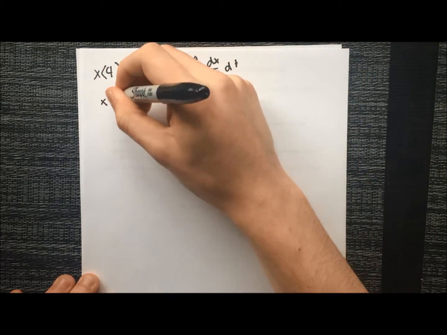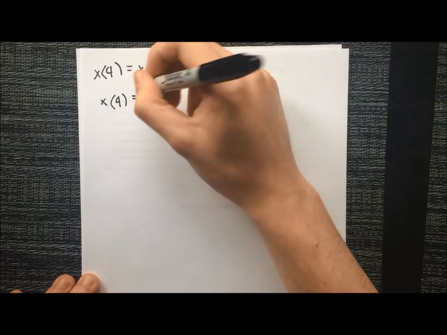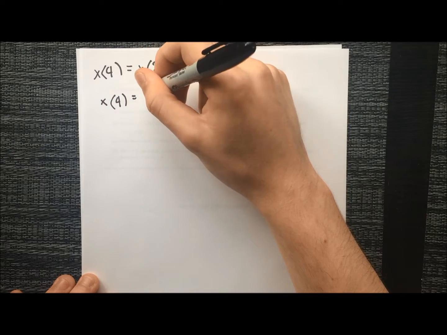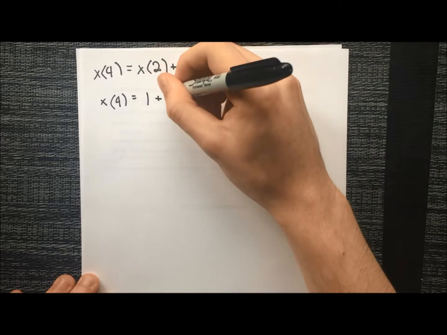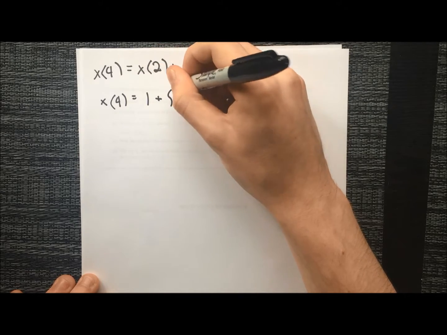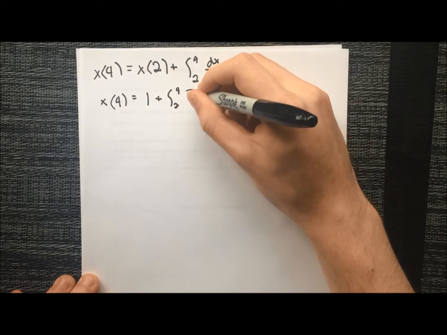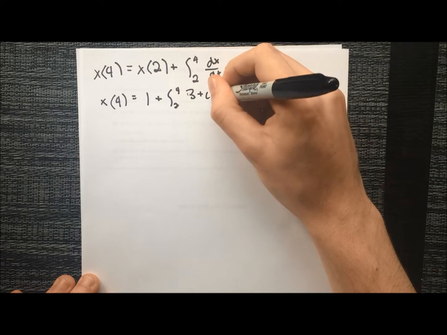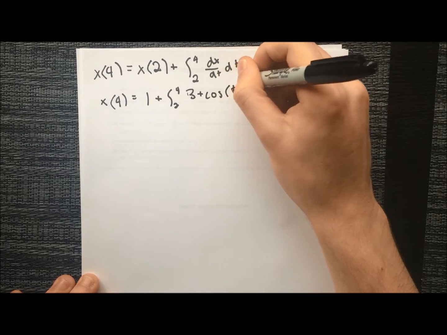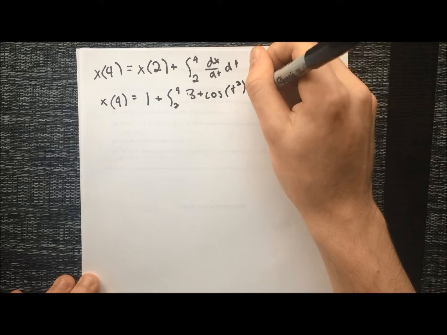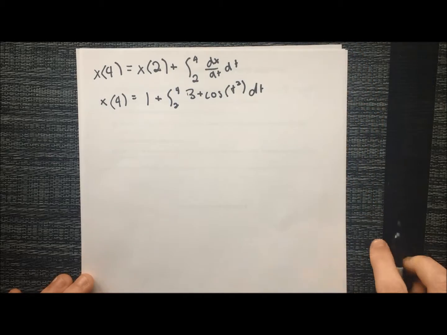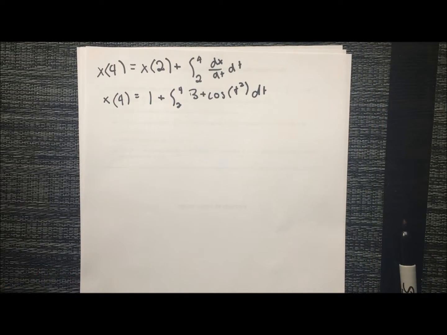And in the setup, we learned that at time t equals 2, the x is 1, and then we can add this to our integral, which is 3 plus cosine t squared dt. Now this is where the calculator comes into play.